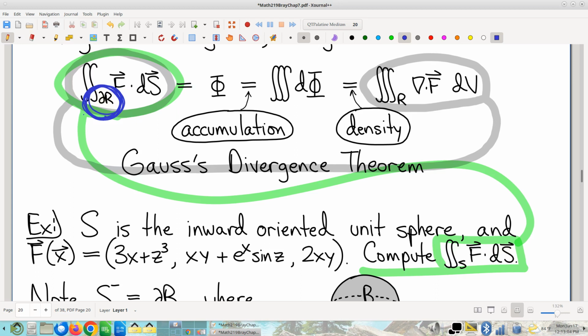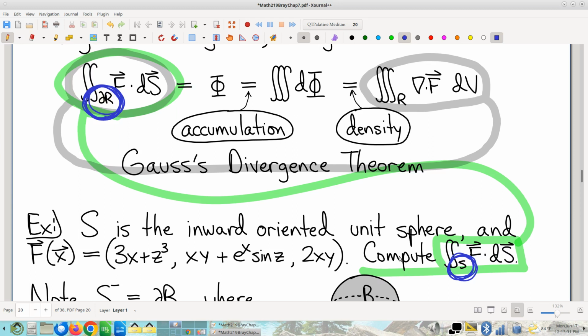It only works if it's boundaries. So we have to ask, is the surface that we've been given here a boundary? And you cannot just go around applying Gauss's theorem willy-nilly to any flux integral that you might want to compute. It's wildly inappropriate. It will not work. It's a bunch of garbage nonsense unless you have established that your surface is a boundary.